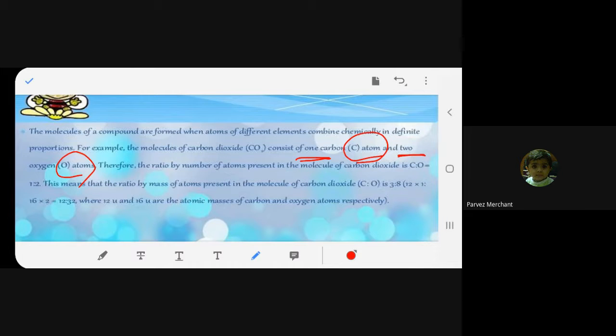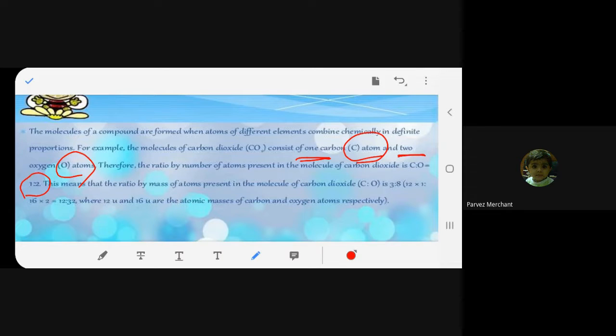So what is the ratio? How is it formed? It is 1 is to 2. What is the ratio, beta? 1:2. That is 1 carbon and 2 oxygen. Okay? Yes, ma'am. Now the ratio they are saying is, see, this 12 is the atomic mass. So I will not go into detail right now.